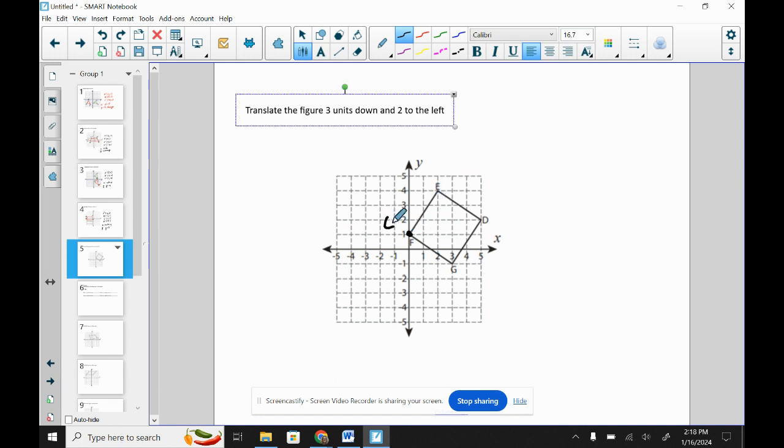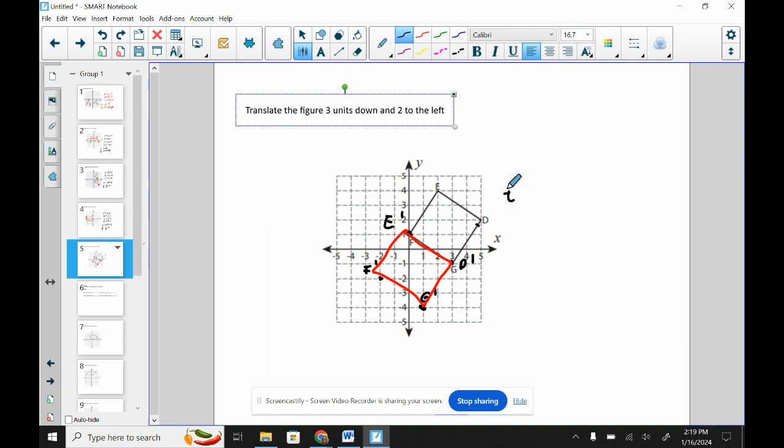My E prime is right there where the F was. On the F, I'm going to go 3 down, 1, 2, 3, and 2 to the left. There's my F prime. My G, 1, 2, 3 down, and 2 to the left. My D, 1, 2, 3 down, and 2 to the left. So my D ends up where my G was, and my new shape is right here.